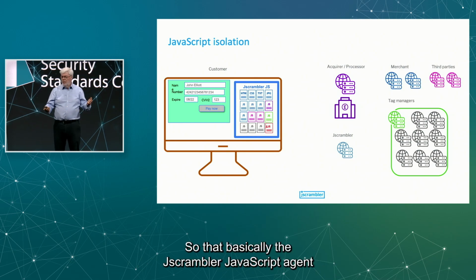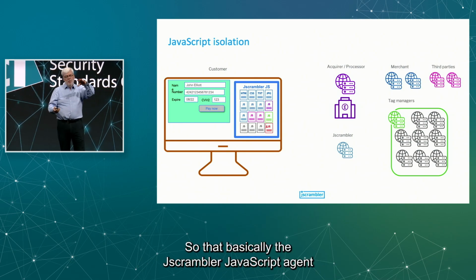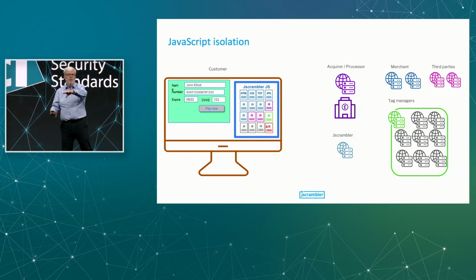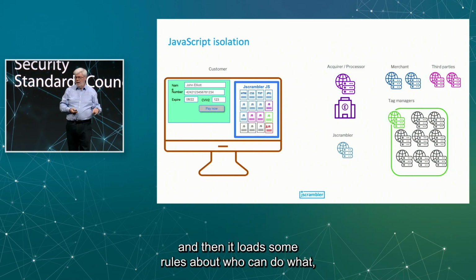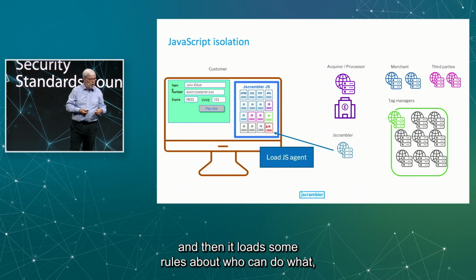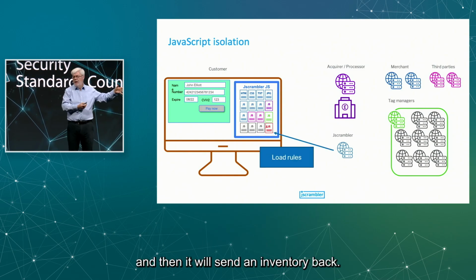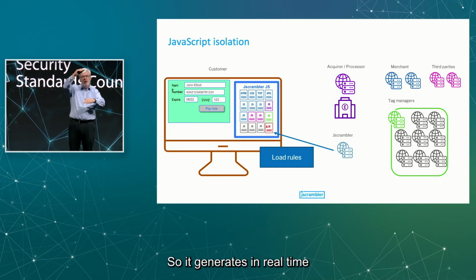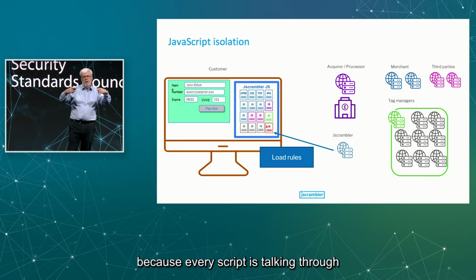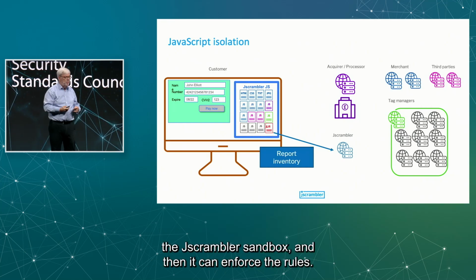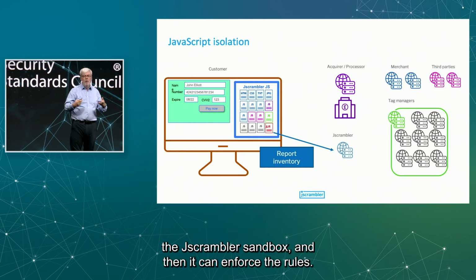The agent is loaded into the web page, creates this sandbox, loads some rules about who can do what, and then sends an inventory back. So it generates in real time the inventory of all the scripts on the page, because every script is talking through the Jscrambler sandbox, and then it can enforce the rules.